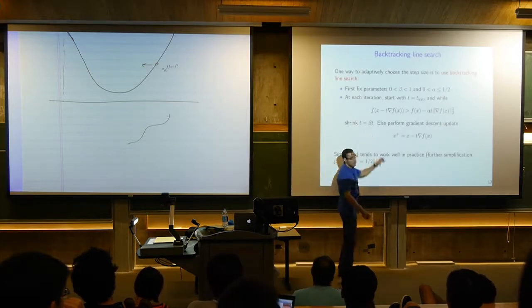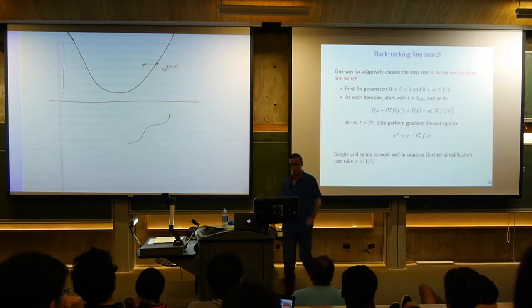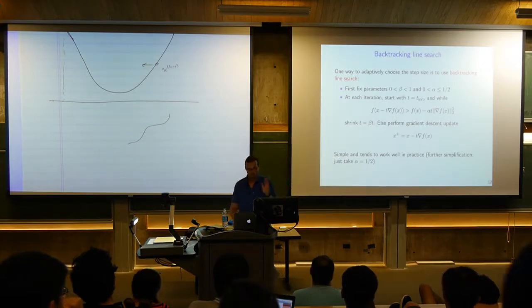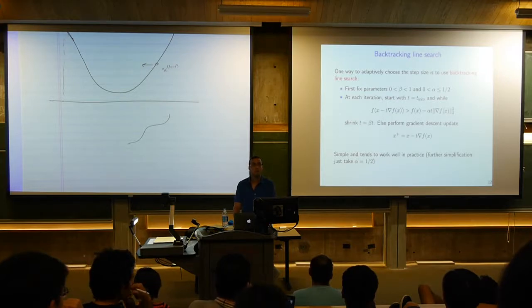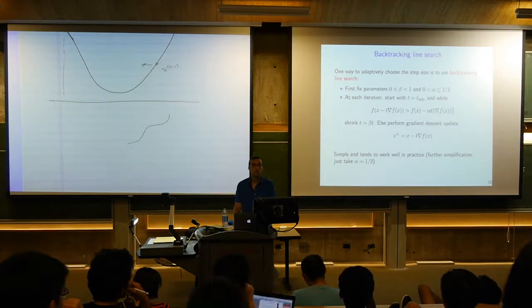What happens if I take beta to be really small, like 0.01? What's the matter with the strategy? I could way overshoot, right?